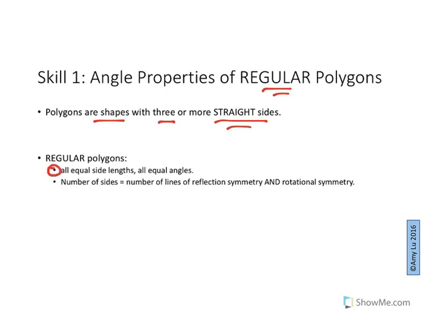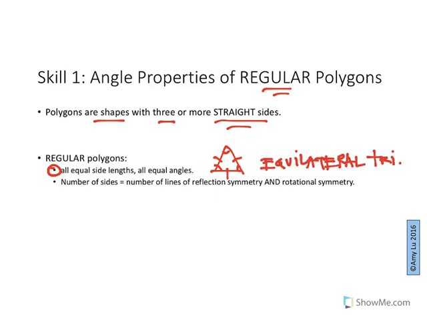All the sides are equal, and so are all the angles. So for example, can you think of a triangle that has all the same lengths of sides and all the same size of angles? If you guessed equilateral, then you're right. An equilateral triangle has all the same length of sides and all the same size of angles.